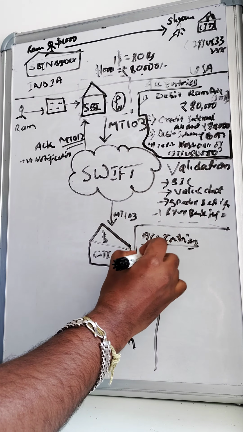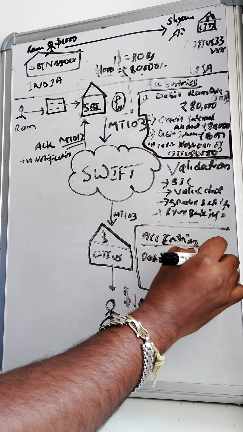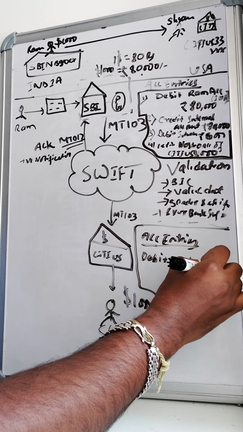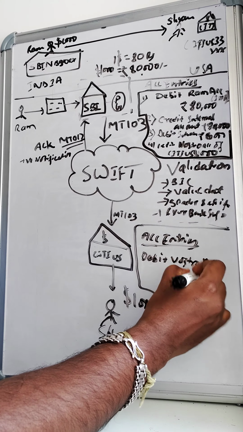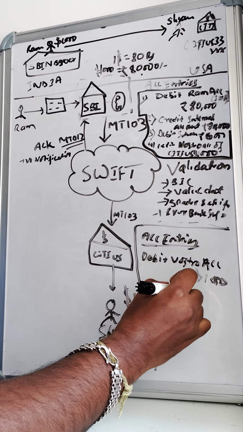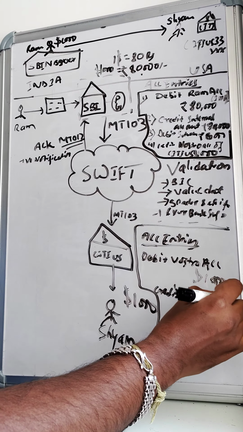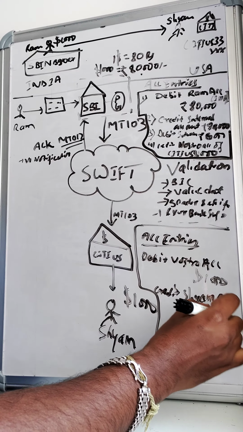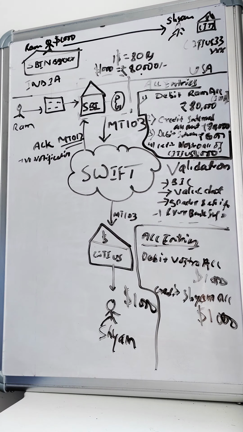They will debit the Vostro account, that is $1,000, and credit Shyam's account, that is $1,000. So in this case we have not taken any charges into consideration, right? So that's why we have taken a straightforward example.